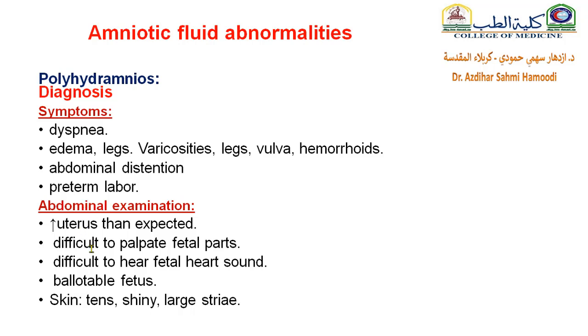On abdominal examination, you will see that the uterus is very large, larger than expected for date, and difficult palpation of fetal parts, difficult hearing of fetal heart, and the fetus will be ballotable because of the large amount of fluid and the baby swimming in this fluid. The skin of the abdomen becomes tense, shiny, with large striae of pregnancy.